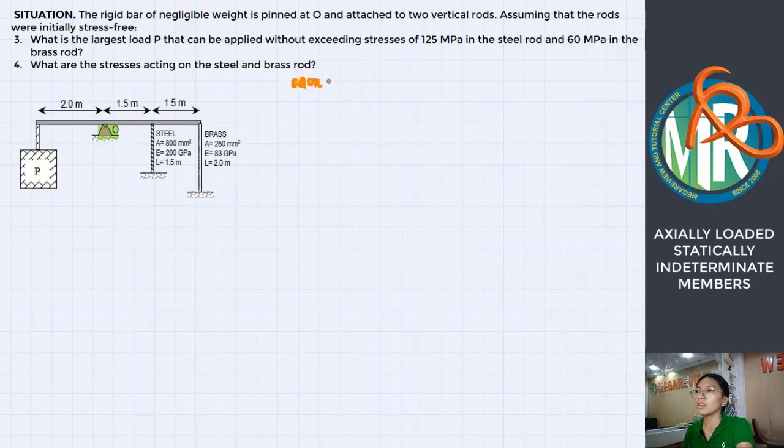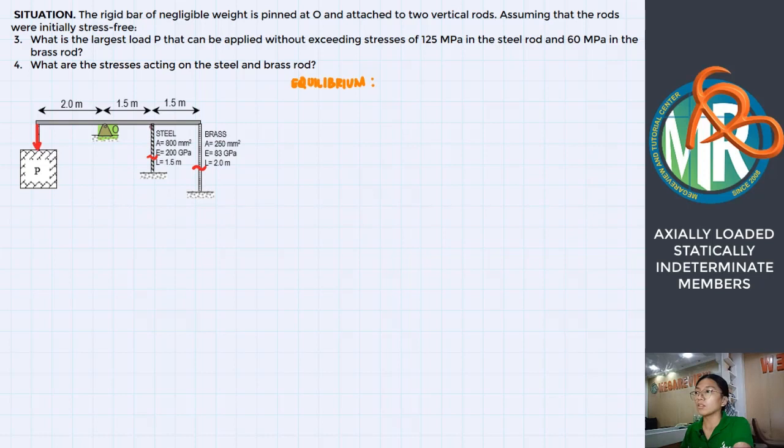So, using the equilibrium equation para makakuha tayo ng first equation to solve this problem, paano ba natin to gagawin? As you can see, no, this load P is a downward na force. Tama? So, yung resistance ng steel and brass rod natin, makikita lang natin yan if ikakatin natin yung mga rods na yan.